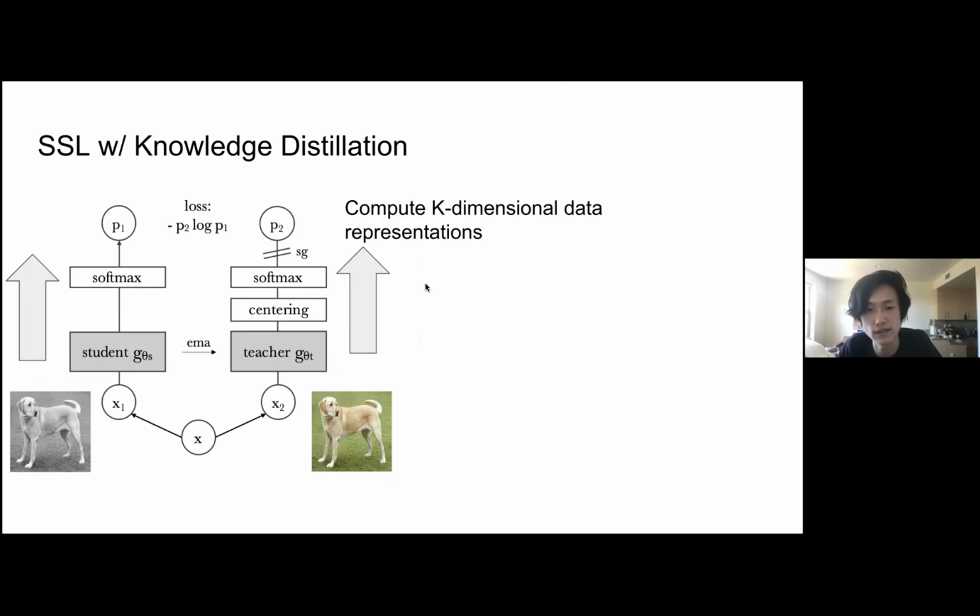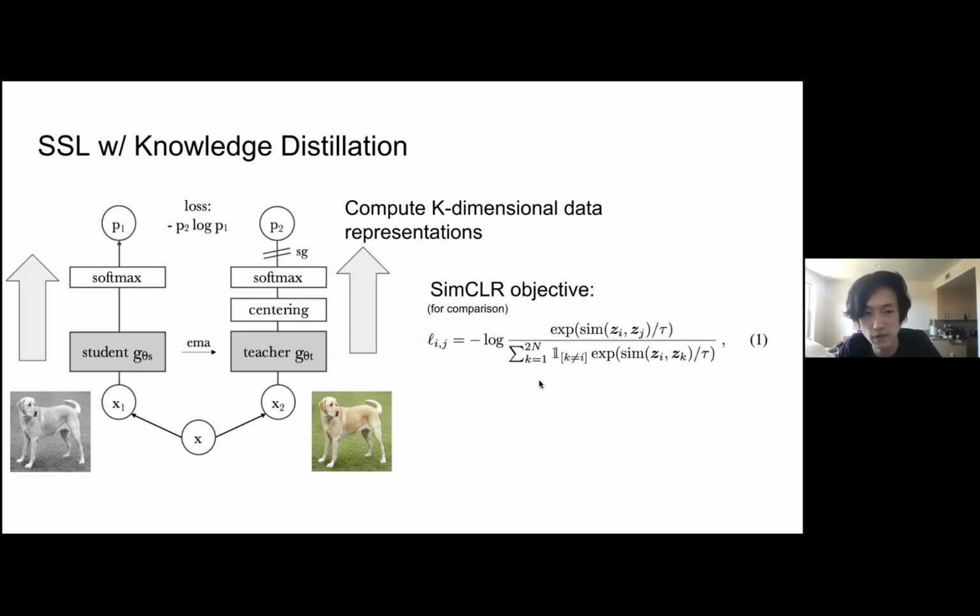In the SimCLR style, we ordinarily use this similarity objective, the InfoNCE loss, to supervise the method to say that these two are depicting the same thing.